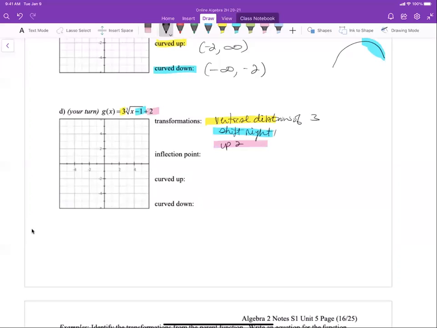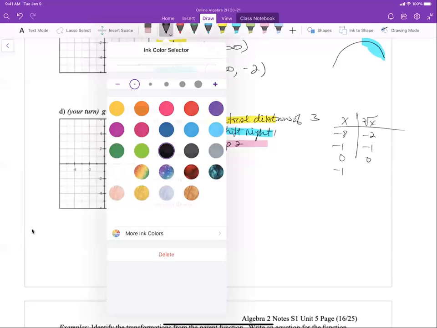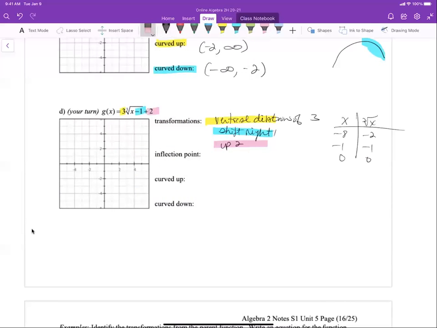Okay, no reflections. So again, get to the point where you have the ability to go, if it's the cubed root of x, this is my parent function, that would have been -2, -1, 0. I'm sorry, not -1. 1, 1, 8, 2.